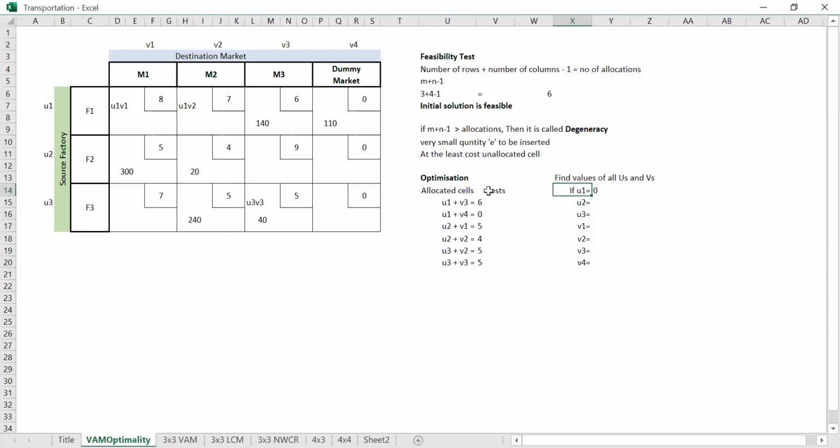So how to find out? If U1 is equal to 0, going to the first equation, what should be the value of V3? 0 plus 6 will be 6. So V3 should be given the value 6.